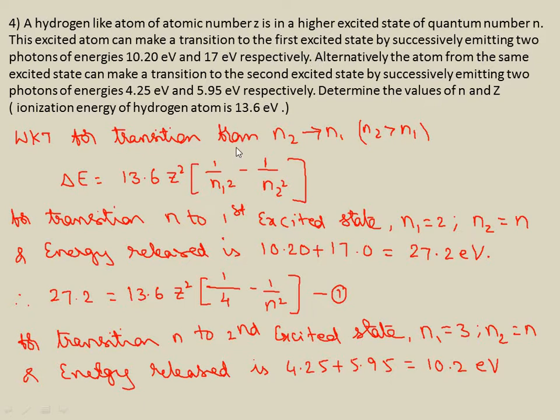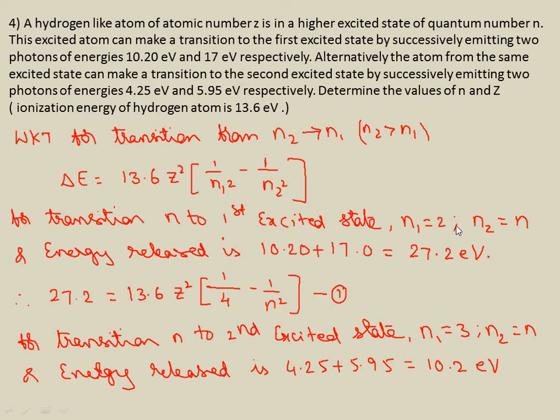So from n to 1, the first excited state. Remember, first excited. n to first excited state. Excited state 1 I am speaking about. First excited, I have mentioned here clearly. Don't get confused here. So now can I write like this? n1 equal to 2 and n2 equal to n. First excited state, that's it, no?